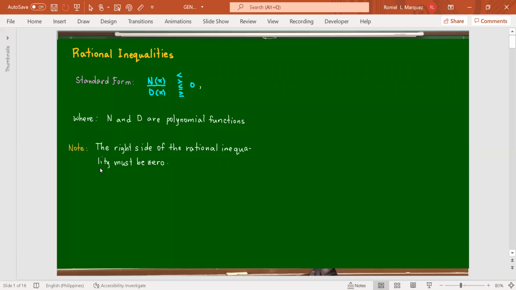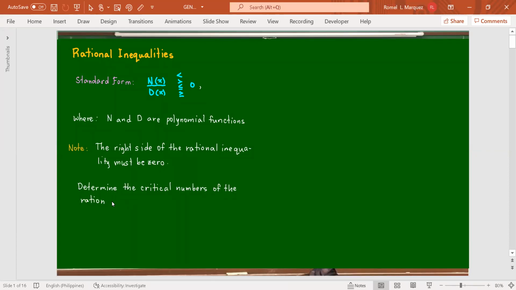Now, to solve this inequality, we need what we call critical numbers. So we have to determine the critical numbers of the rational inequality.